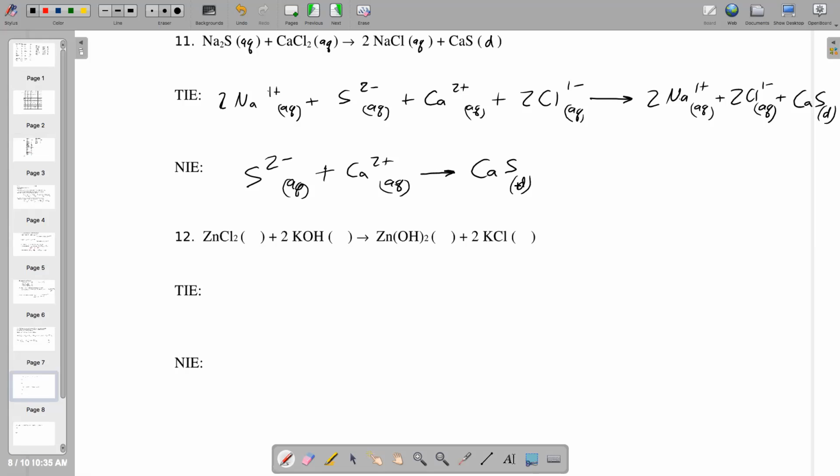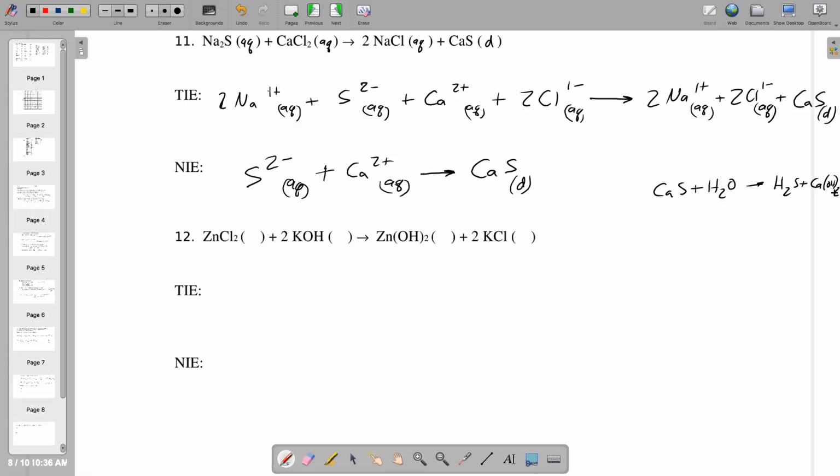In other words, that's not the final product. It's neither ionic in solution nor a solid. So what happens is calcium sulfide and the water react to form H2S plus calcium hydroxide, Ca(OH)2.